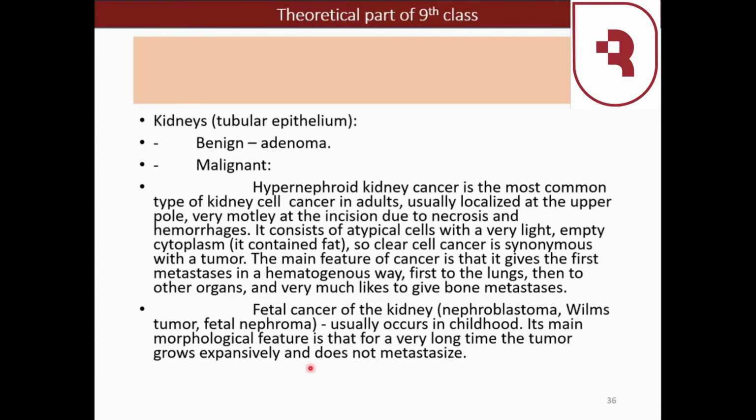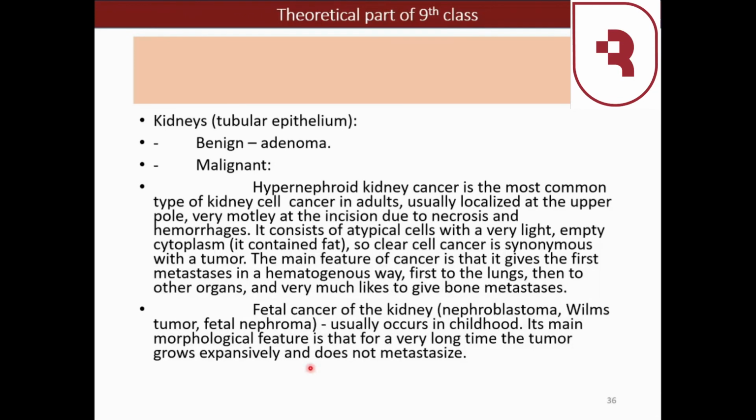The clear cell cancer is synonymous with this tumor. The main feature of this cancer is that it gives the first metastasis in the hematogenous way. And firstly, the metastases are localized in the lungs.